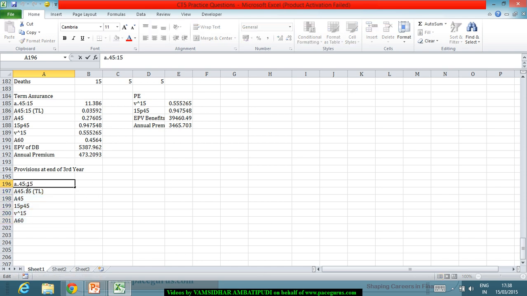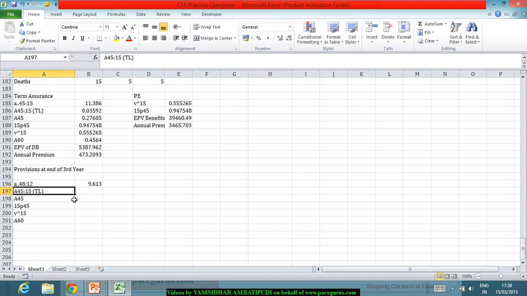But the only thing is I don't require A 45:15 now, I require A 48:12. Even that A 48:12 I can get directly from the 60 minus x table for 4% rate. From the n minus x table for 48:12, A double dot is giving me 9.613.